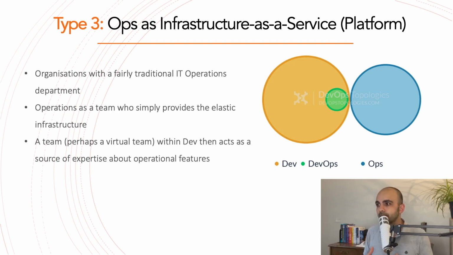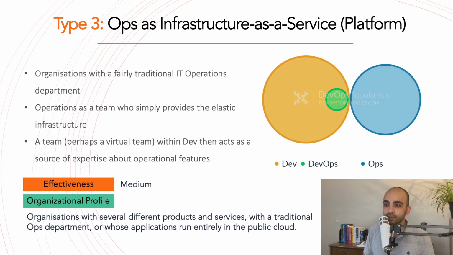Then there is a team, or maybe a virtual team inside the dev team, that takes care of monitoring and acts as a source of expertise on operational features. Operational features are delivered to developers by the ops team in a very abstract way, shielding the developers from what's happening underneath.